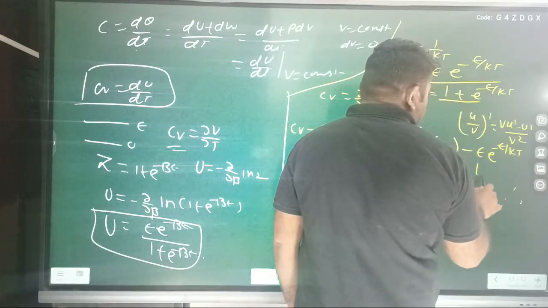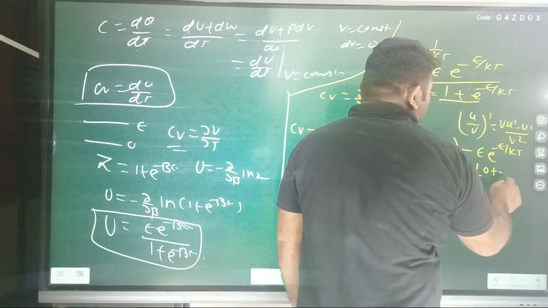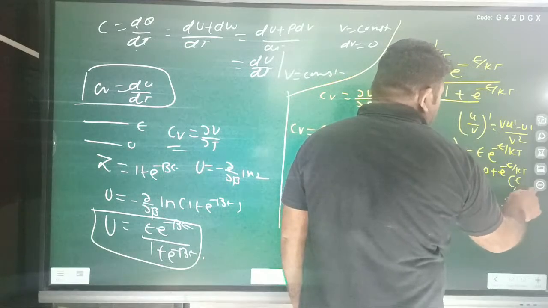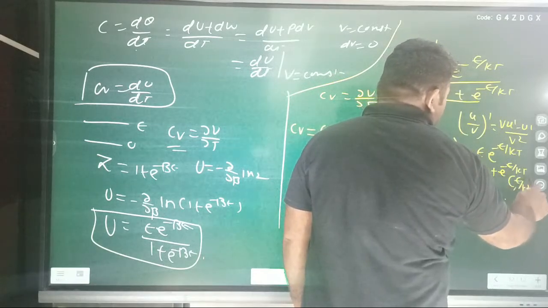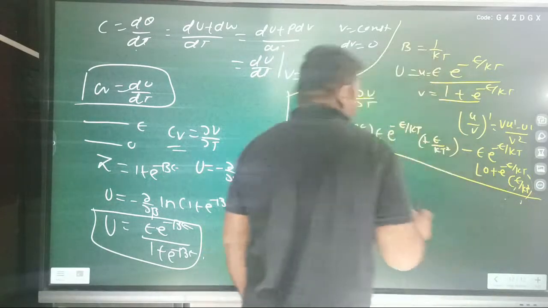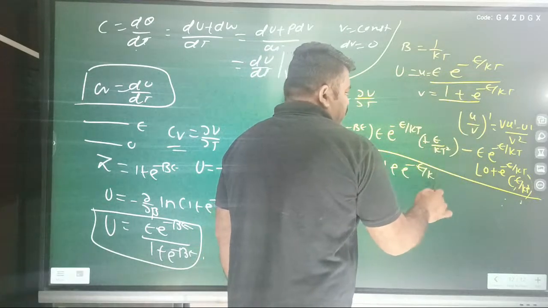Into how much this can be: 1 derivative is 0 plus e to the power minus epsilon upon kT into derivative, this is epsilon upon kT square, and whole term divided by (1 plus e to the power minus epsilon upon kT) bracket square.